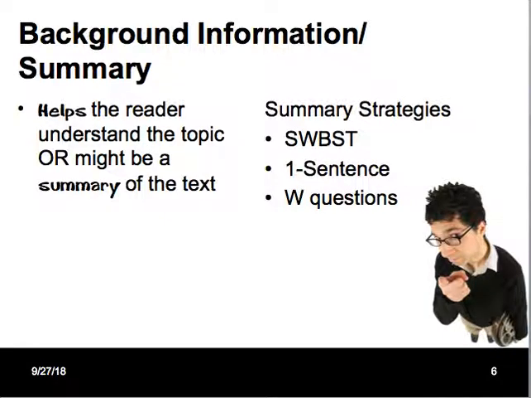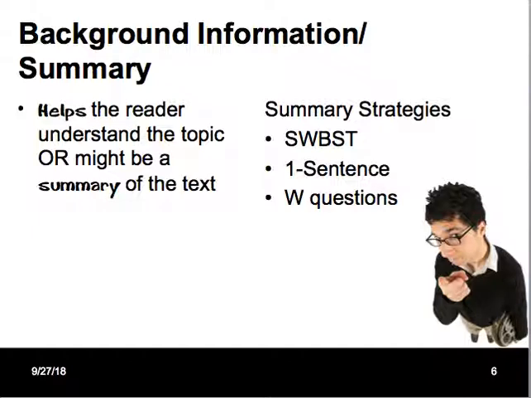So then that leads us into our background information or our summary. If you're researching a topic, you want to provide some background information about that topic. What do we need to know to understand what bullying is about or why the death penalty is important? Or it could just be the summary of the text.